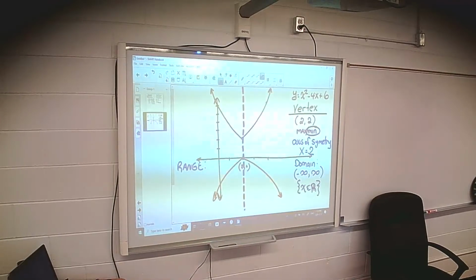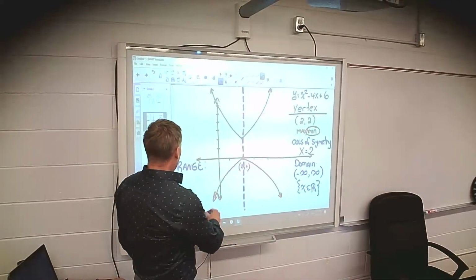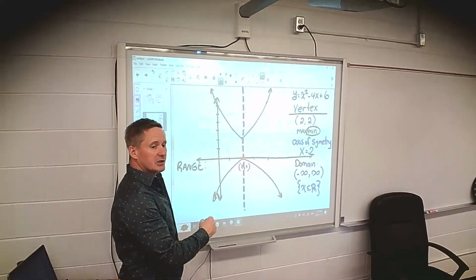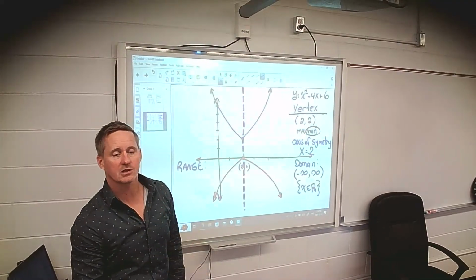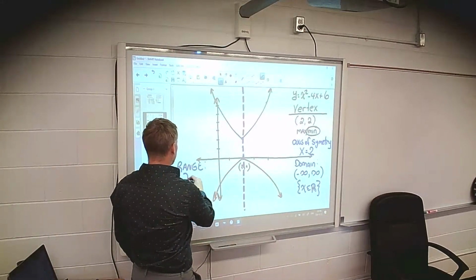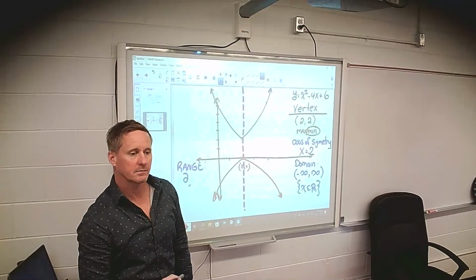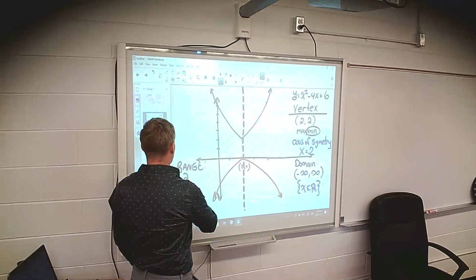Using this notation here, first things first, I always put the lowest number. What's the lowest value on there? 2. Inclusive or not inclusive? Square or round? Square. Right on. Well done.